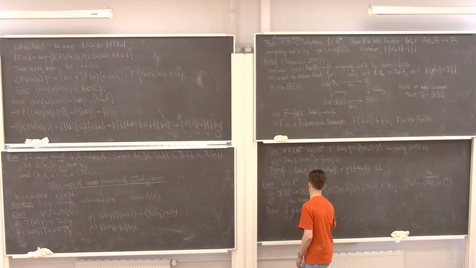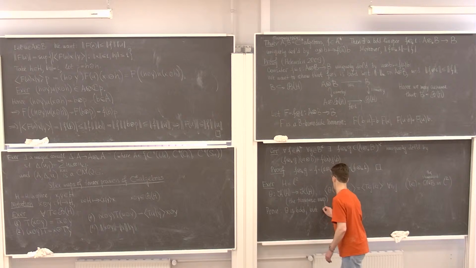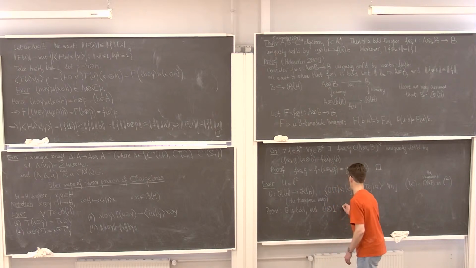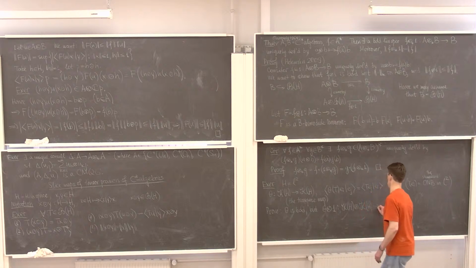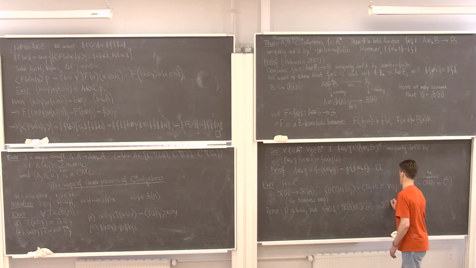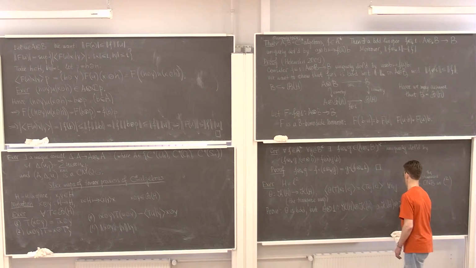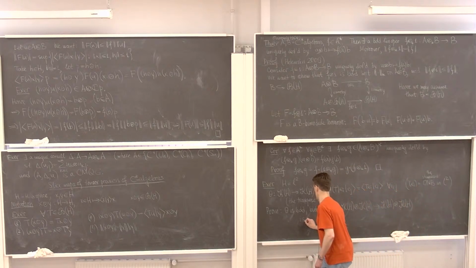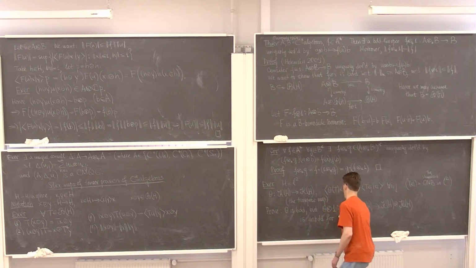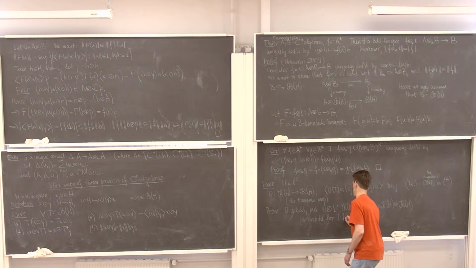But if we take the tensor product of theta by the identity map on K of H, then the resulting map between the algebraic tensor products is unbounded for the spatial C-star tensor norm.